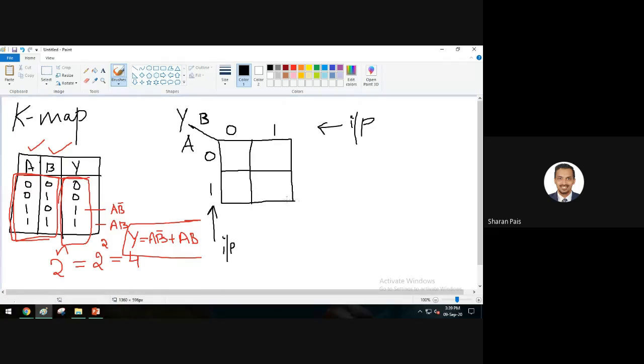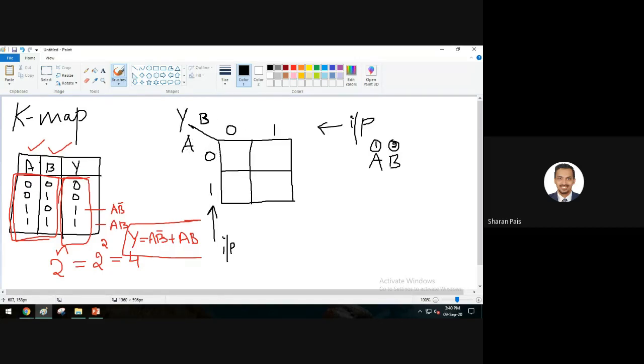Now consider the input. In the table, the inputs are given in the form AB: the first input is A and the second input is B. Now consider this table. First, A equal to 0, B equal to 0. What is the Y value? 0. A is vertical, B is horizontal.